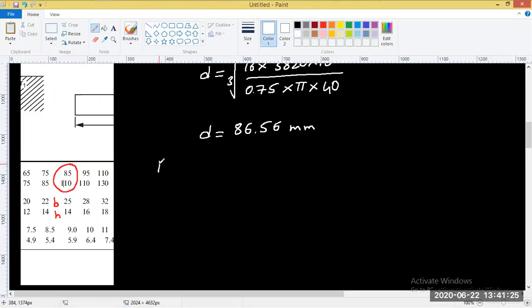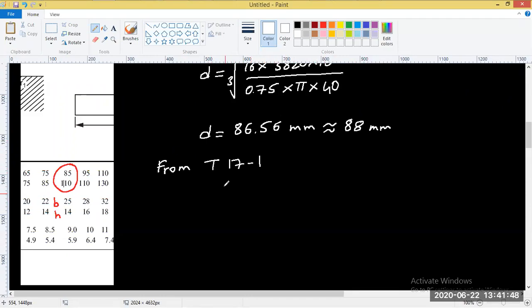So this is from table 17.1, and this also doesn't seem right, the diameter. So we'll approximate this to 88 mm. So usually preferred are even numbers and the next highest value. Let's keep it as 88 mm.